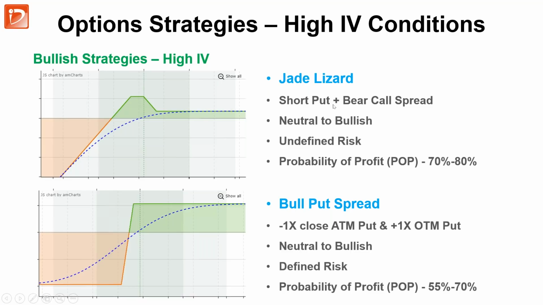This strategy is usually done when the market or the stock has been beaten down and put premiums are very high. And this is a neutral to bullish strategy. It has undefined risk because of one extra naked call, and it has a high probability of profit.